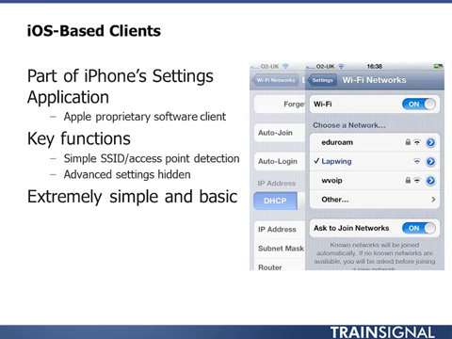But after that it keeps the configuration just like with the other utilities, and just like with the other utilities you can prioritize which network you want to connect to. So these devices continue to get simpler and simpler and keep it very, very simple for the user to connect.